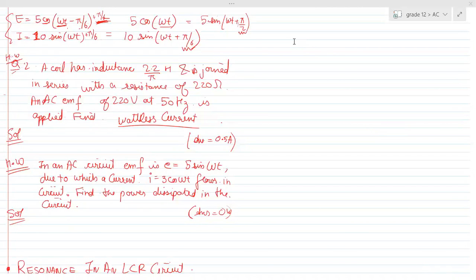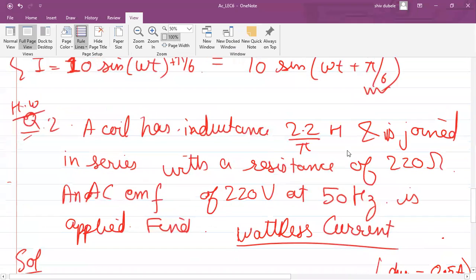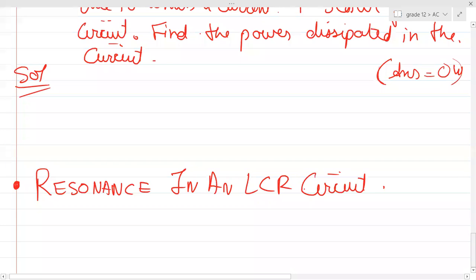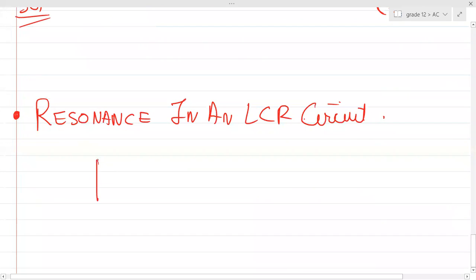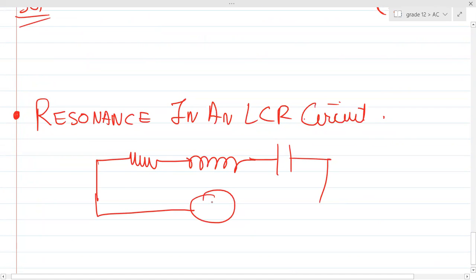Guys, shall we start? So suppose you have an LCR series circuit, an RLC series circuit, and E equals E naught sine omega t.